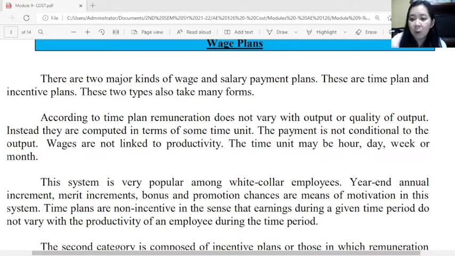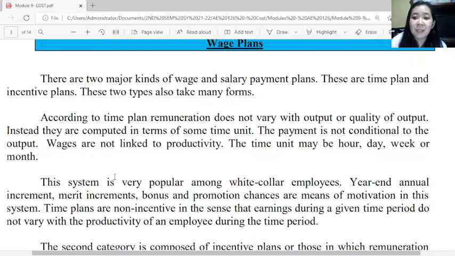So if the entity is using a time plan remuneration, then regardless of the output or quality of the output, the basis of the payment will be the time spent by the worker or the employee. So their salaries and wages are computed in terms of the time unit.